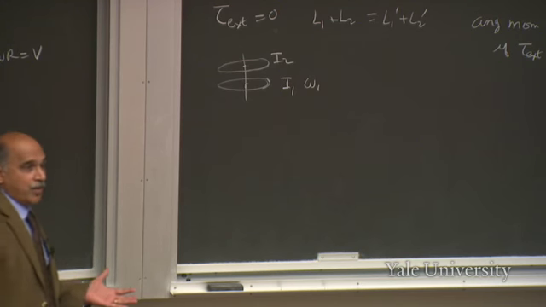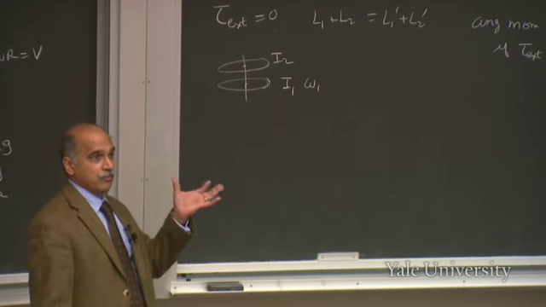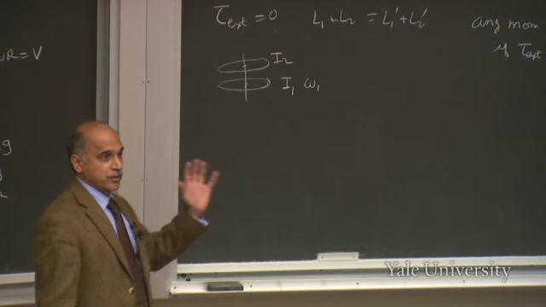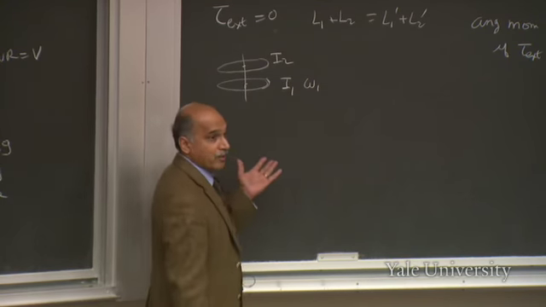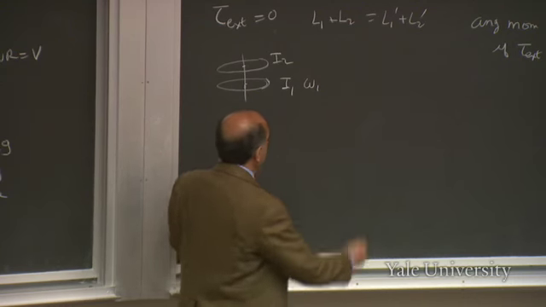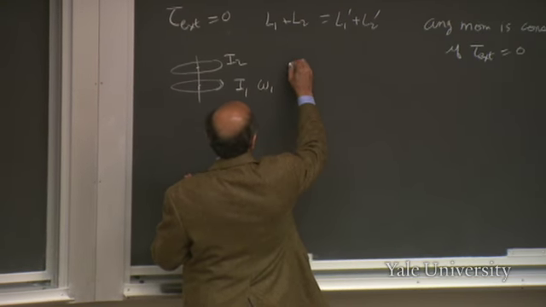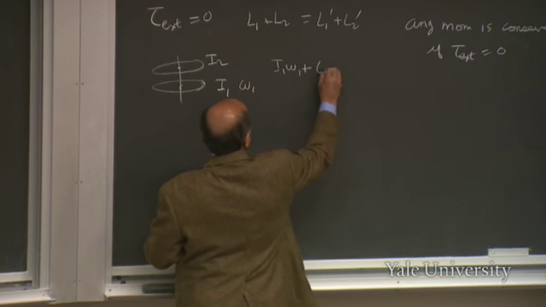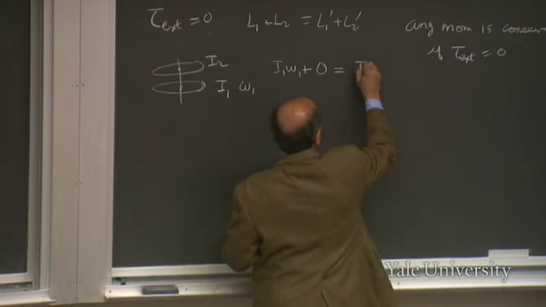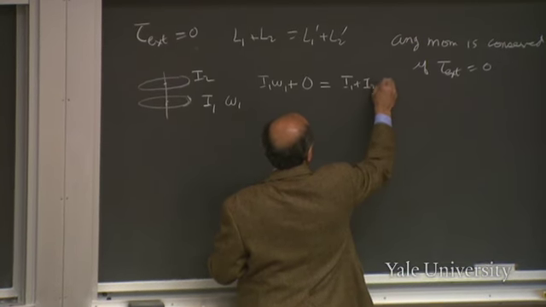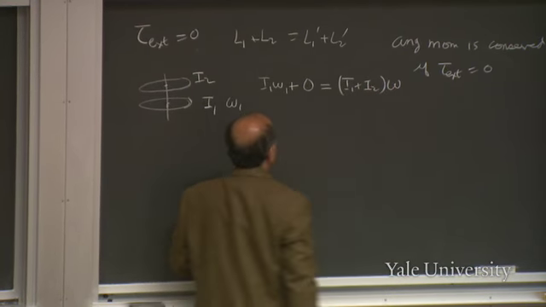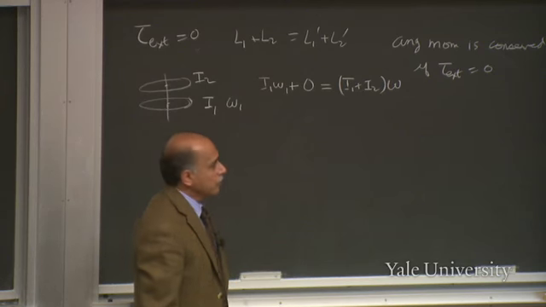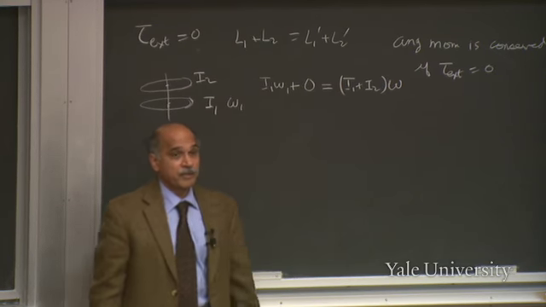So I think we all know what happens. We all know the two will now stick together and rotate as a single unit with a common angular velocity. So the law of conservation of angular momentum will say I1 omega 1 for the first one plus 0 for the second one is now equal to I1 plus I2 times my final omega. So it's a trivial thing to solve for omega.